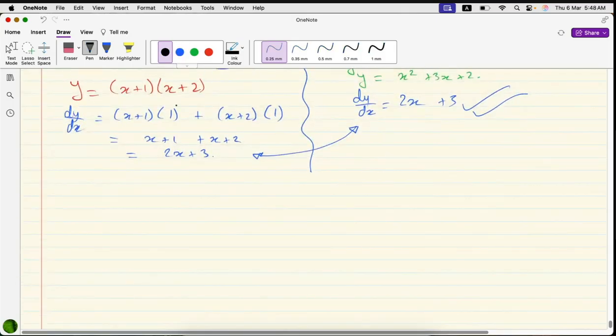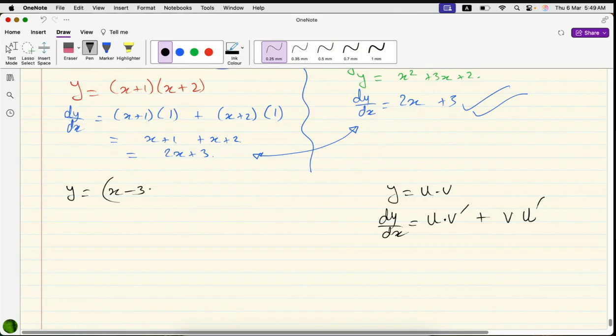I'm copying the formula here: y equals u dot v, dy by dx will be first function into differentiation of second plus second function into differentiation of first. So it would somehow look like this: (x minus 3) into, let's say, (x squared plus 4) raised to power 6. Now we won't be able to multiply these two, that's power 6.